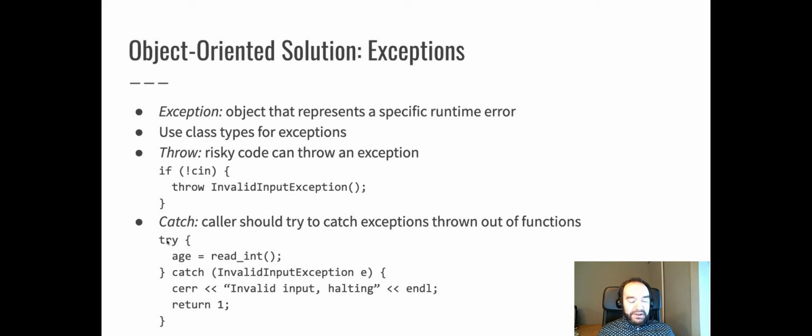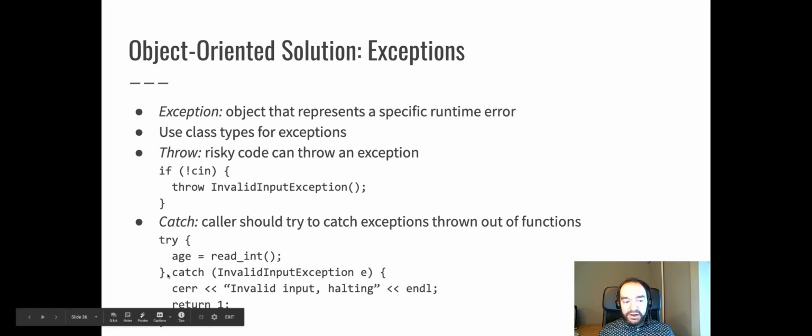So for example, if I call that readInt function, and now readInt has been refactored to throw an invalid input exception when a problem happens, I would say try. In between braces here, that's called a try block. This region of code is being scanned for exceptions. And if this block of code happens to throw an invalid input exception, we catch it here.